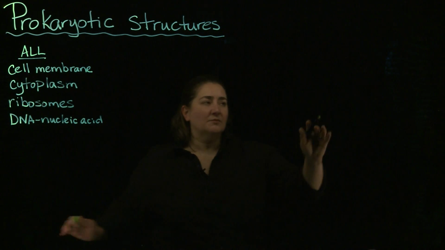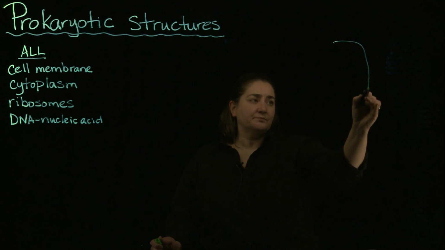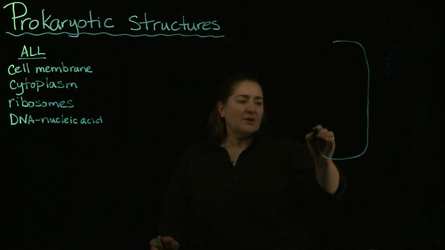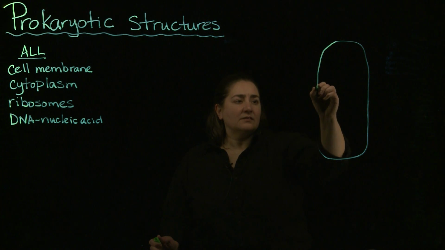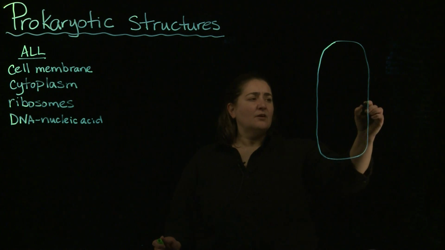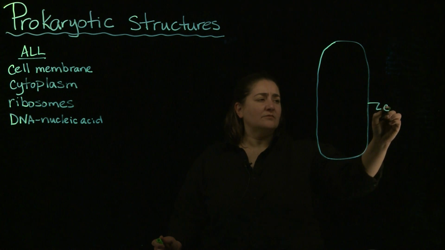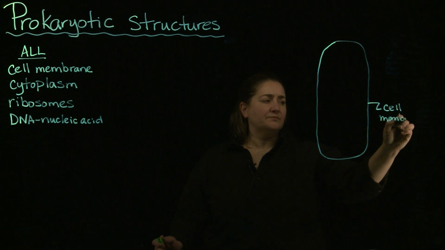So I'm going to draw a generic prokaryotic cell over here. Keep in mind this is not going to be to size, and my marker is squeaky. I apologize for that. The line I'm drawing here is going to be our cell membrane.